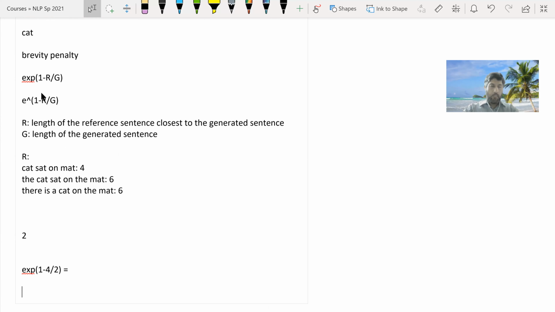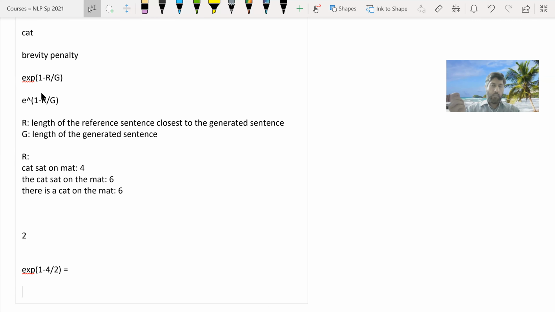By the way, if R and G are the same length, R over G is 1. 1 minus 1 is 0. Anything raised to the power of 0 is 1. So there is no brevity penalty.